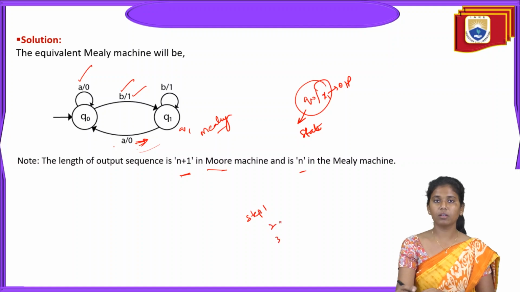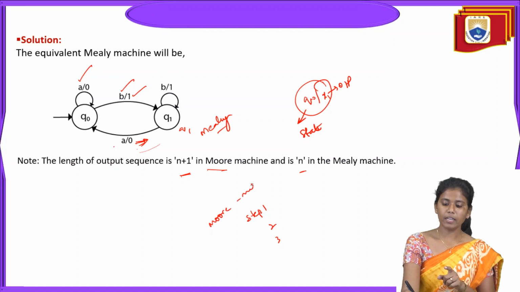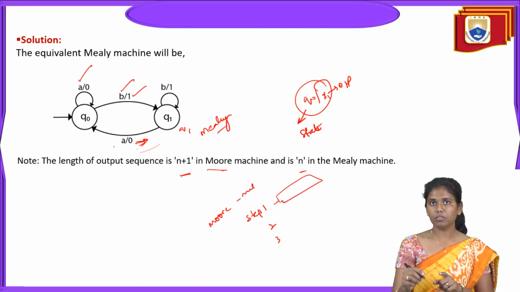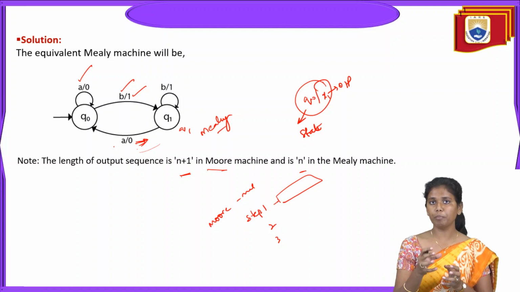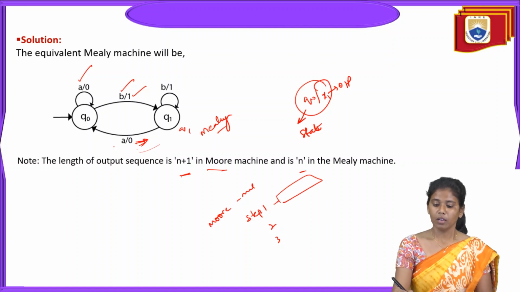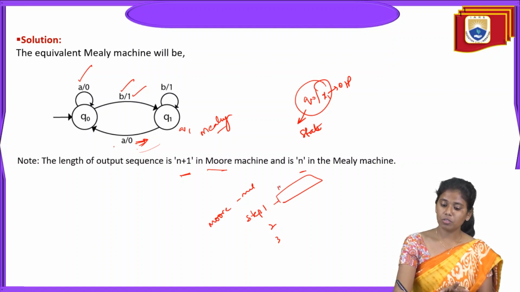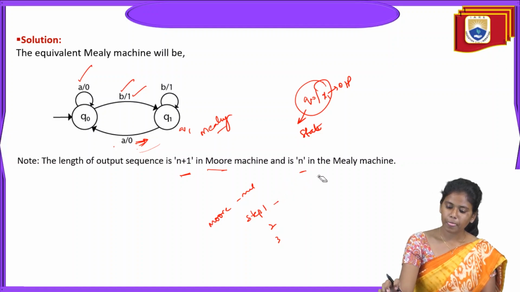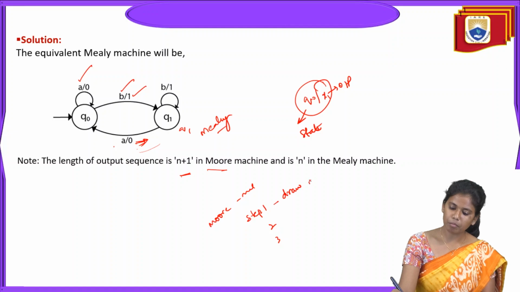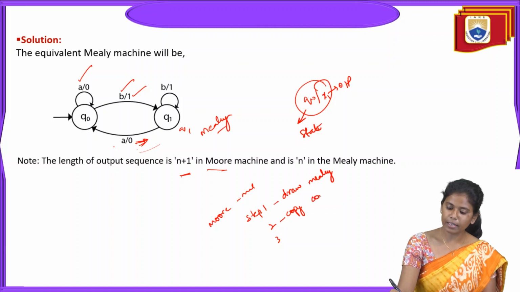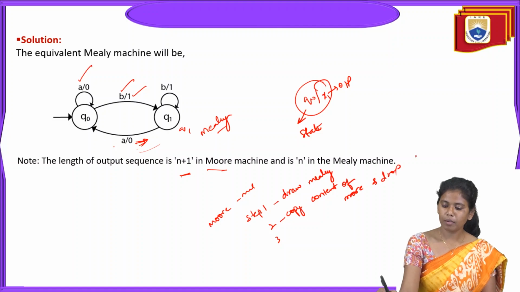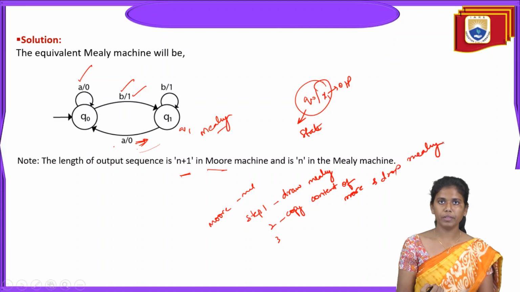First step, if you are converting Moore to Mealy, draw the Mealy table. Second, copy the content of Moore and drop it in the Mealy table.